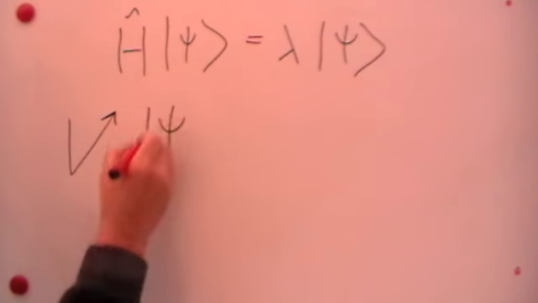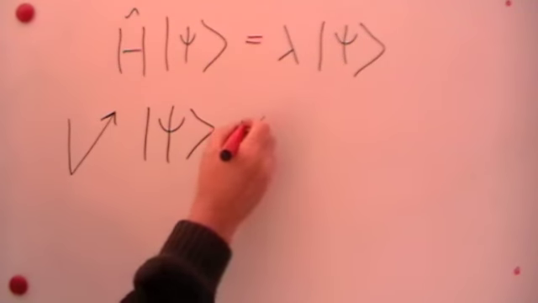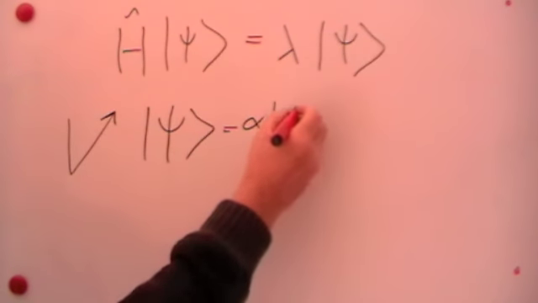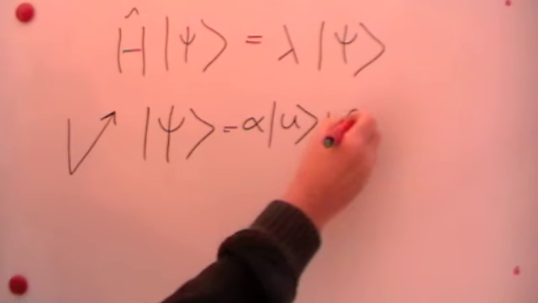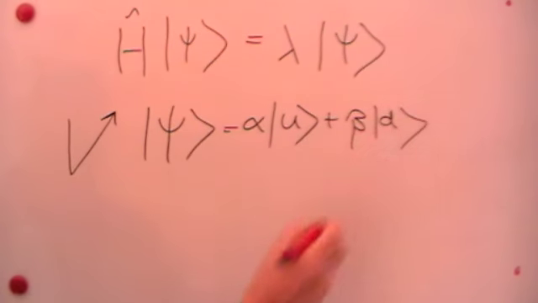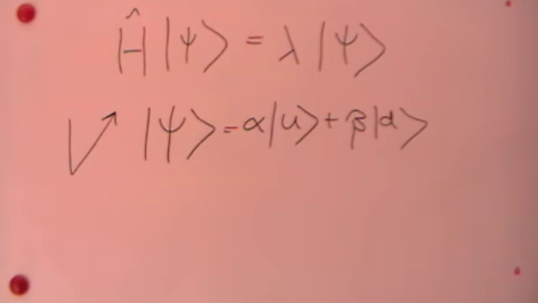at a certain angle to the vertical. And what we've said is that the state of that electron contains a superposition of ups and downs. There's a little bit of up and there's a little bit of down in the state of that electron. It means it has the capacity to be measured as up along the z-axis, or it has the capacity to be measured as down along the z-axis.